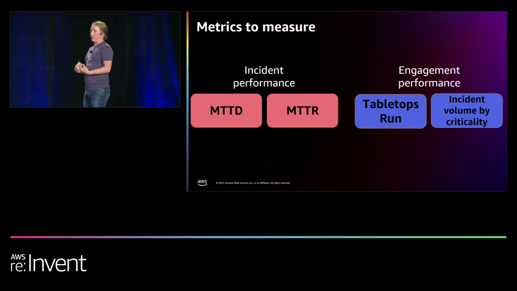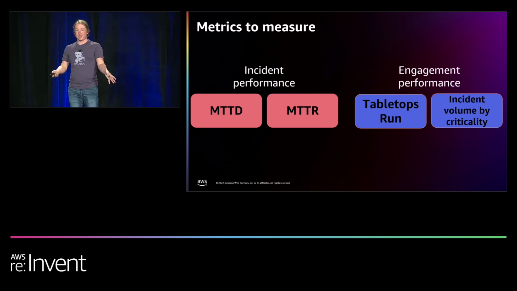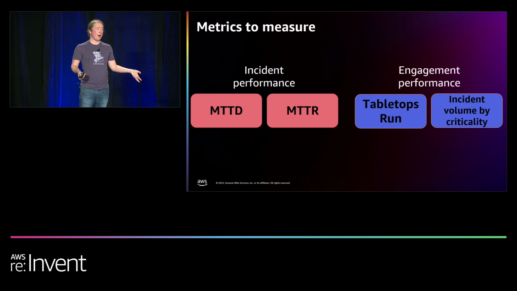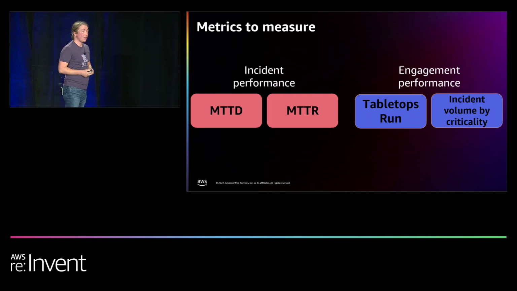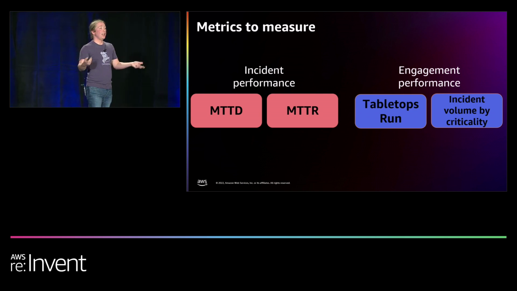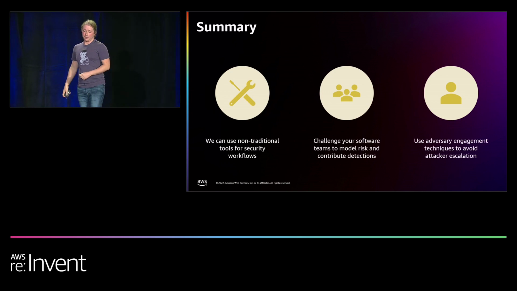And how many tabletops are we actually running with the engineering team? That, again, is the risk assessment or kind of a threat scenario process. You can make it your own. On the actual responding side, keeping the business alive, this is weirdly the same as operational incidents. We want to look at what was our average time to detect something that was real bad, and what was our average time to respond and close out a post-mortem on that incident.